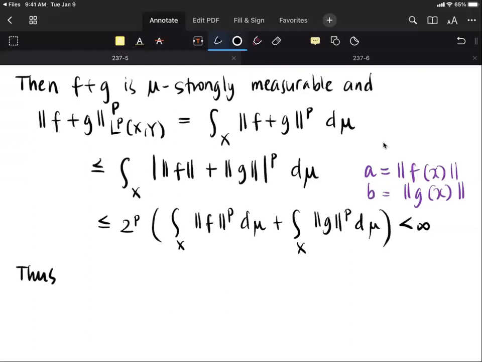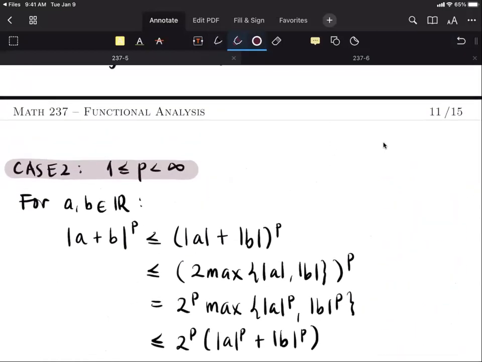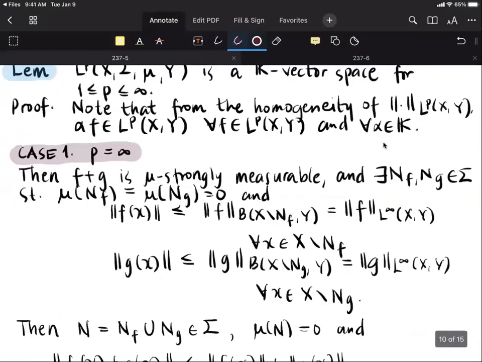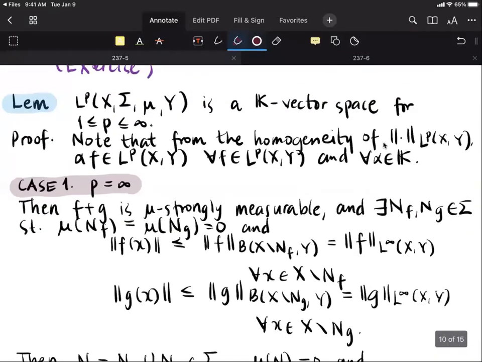Thus, the sum is strongly measurable, and this value is finite. Therefore, the sum is also in LP. Hence, as mentioned a while ago, by the subspace test, when the Lebesgue space LP is viewed as a subspace of the vector space of functions from x to y, we conclude that this Lebesgue space LP is also a vector space.